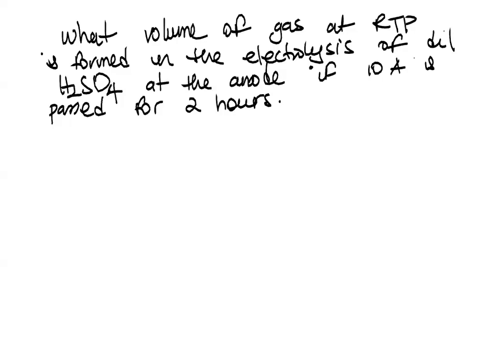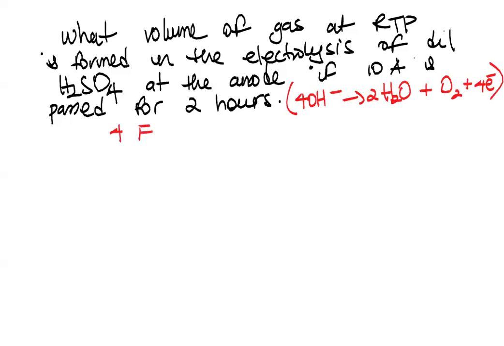So at the anode, this is what will happen. Remind me, how many Faradays? 4 Faradays will give me 1 mole of O2. How many of you said that? Or alluded to that?